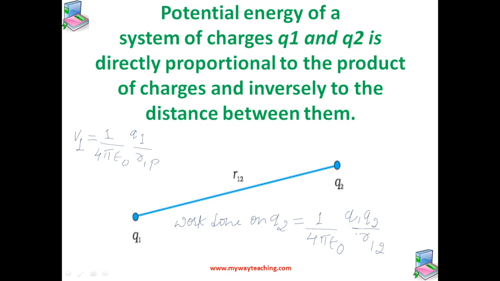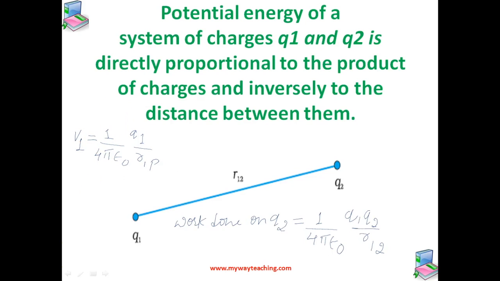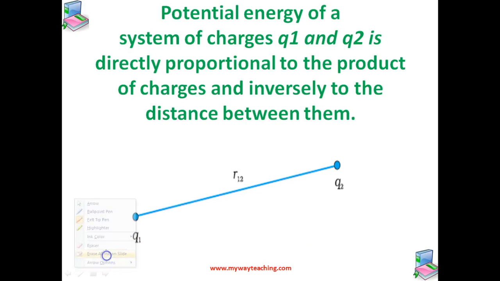Since electrostatic force is conservative, this work gets stored in the form of potential energy of the system. Thus, the potential energy of a system of two charges Q1 and Q2 is given by the equation U is equal to 1 by 4 pi epsilon naught Q1 Q2 by R12.